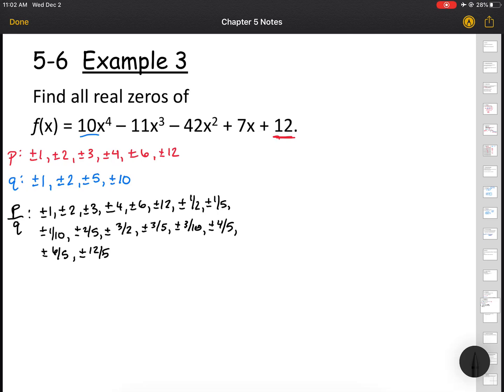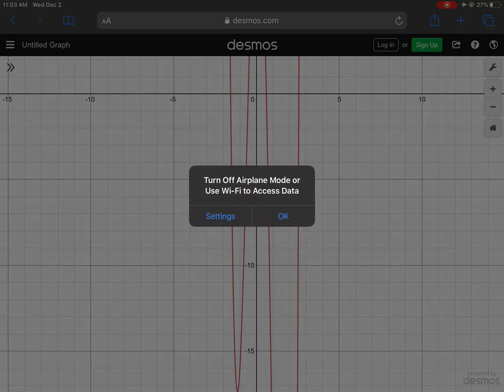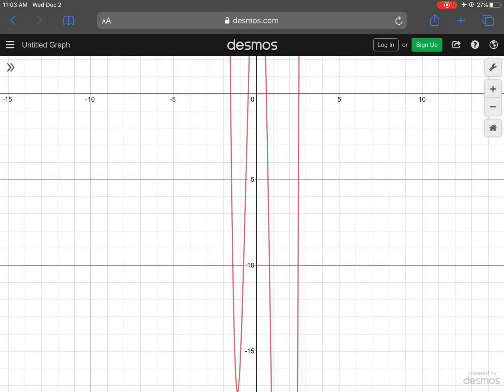Okay, so here's our possible real zeros here. Okay, and again, we need to test them, but there's a lot here. So what I'm going to do is go to my graph, and you guys could do that in the graphing calculator by typing this polynomial into y equals, but I already graphed it here on Desmos. And here, if I look, my zeros, or where they're touching the x-axis, look to be in between -1 and -2, between 0 and -1, 0 and 1, and 2 and 3.